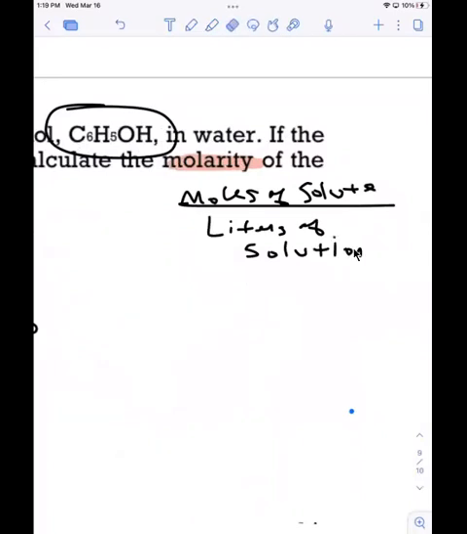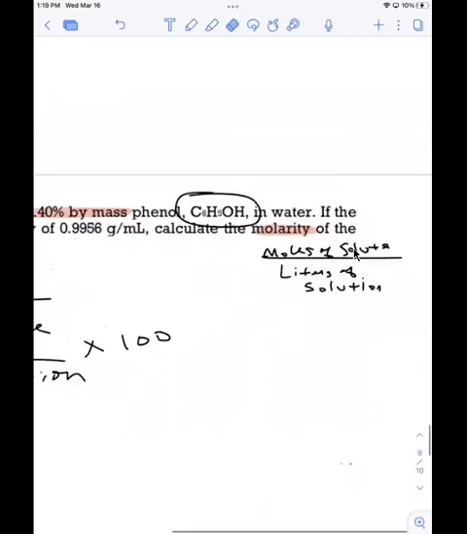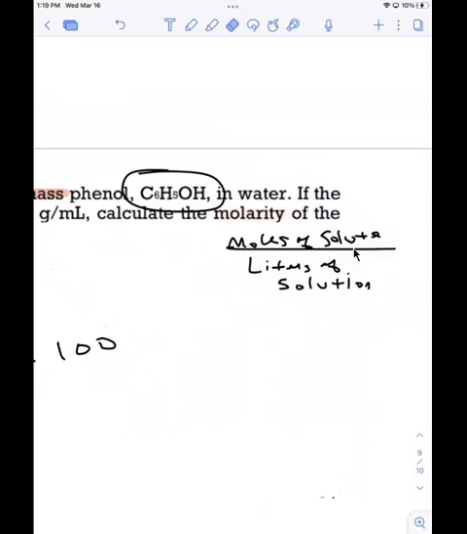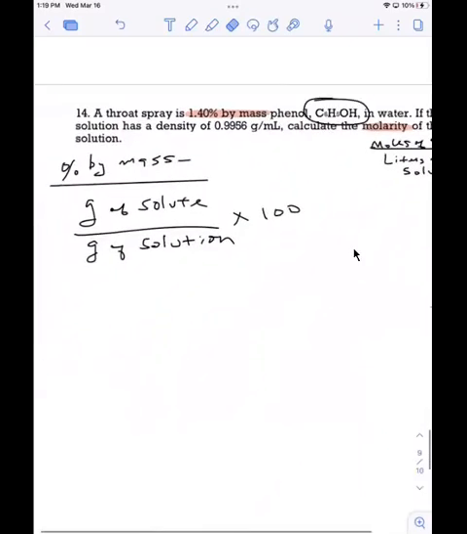All right, so that's important. So we know what we need. We need moles of solute, and we also need liters of solution. So let's work on the moles first.